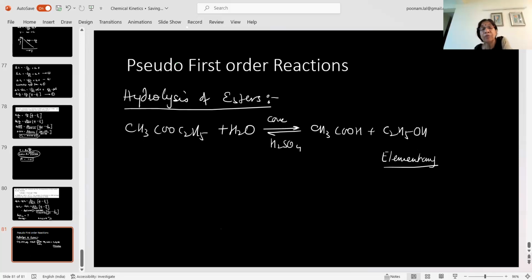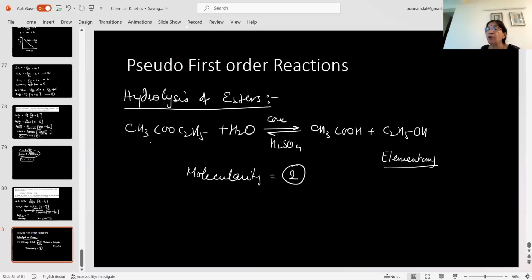In this case, one molecule of ester requires one molecule of water for hydrolysis. Unless there is water, hydrolysis will not take place. So the molecularity of this reaction is 2.